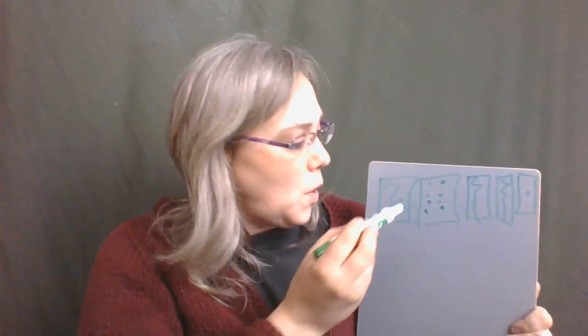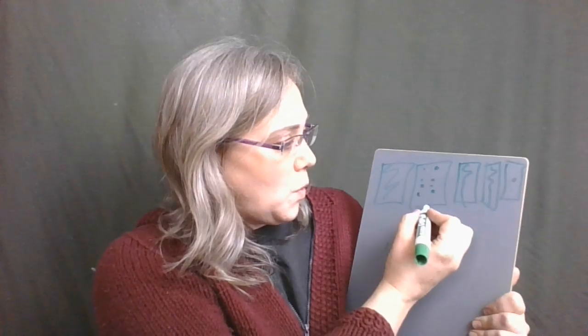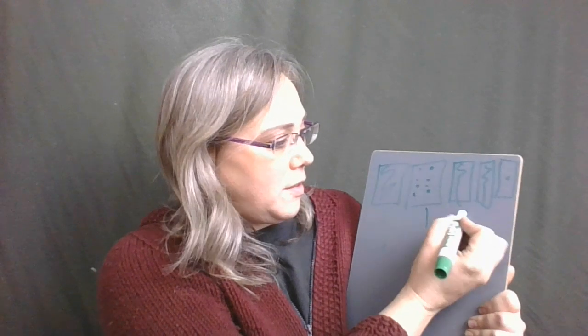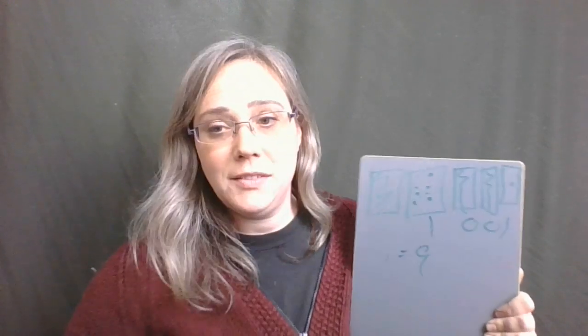As I count these, 1, 2, 3, 4, 5, 6, 7, 8, 9 dots are showing. 1, 0, 0, 1. So this is just a different way of thinking about it. And we can say then that 1001 is the same as 9 in binary. We're translating between binary, base 2, and our regular number system, which is base 10, not surprisingly, as we have 10 fingers. So we do everything in base 10.